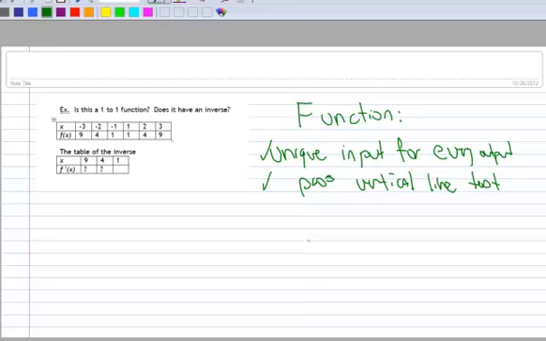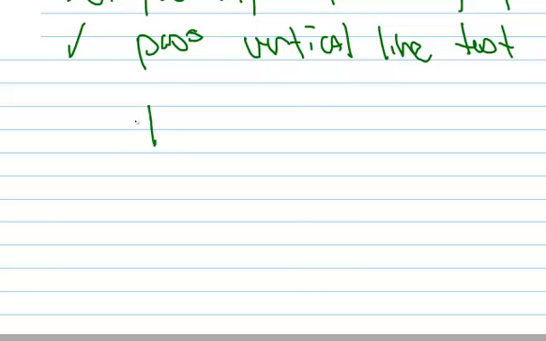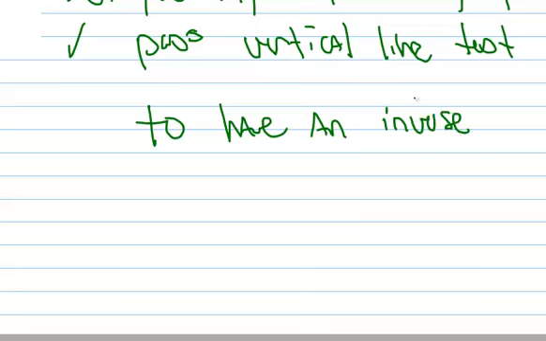Okay, so what we're going to do now is we are going to make our definition of function even more restrictive, so to speak. So in order for a function to have an inverse, first of all, it has to be a function, so it has to have a unique input for every output, and it also has to have every output had a unique input.